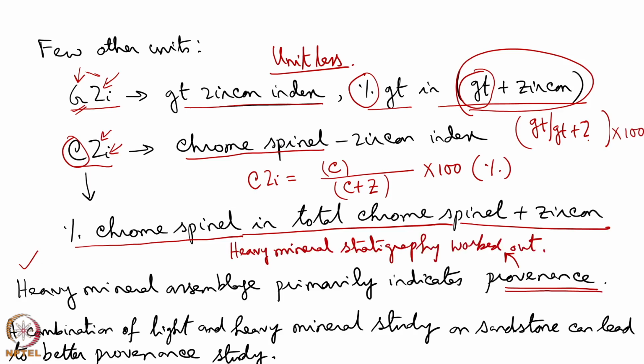There are some research papers that have used a combination of light and heavy minerals from sandstones for better provenance study. Minerals which are not heavy have been called light minerals.